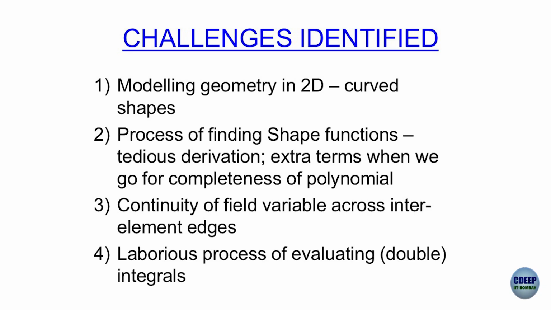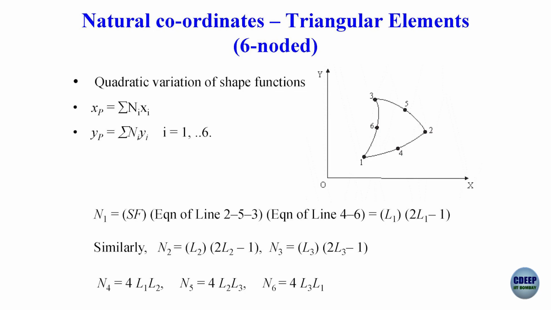So let's see how I would extend it to a higher order element. If I wanted a higher order element, quadratic shape functions, a curved edge triangular element, then I would need to put one node somewhere in between in each edge. So I have a 6-node triangle. I apply the same logic, n1 has to be equal to 1.